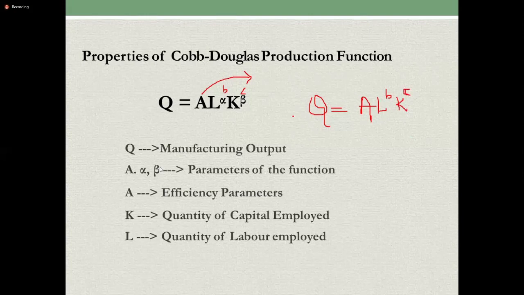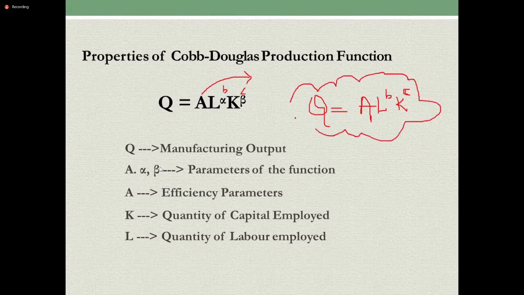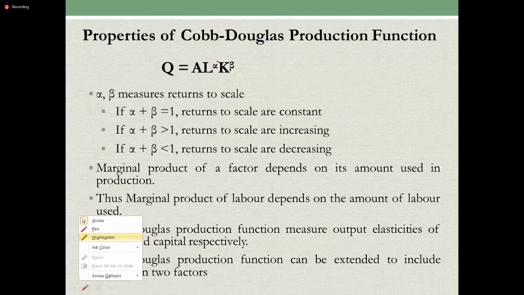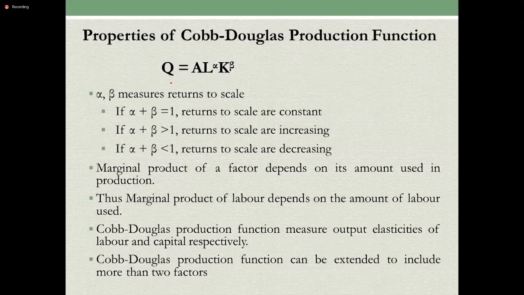So after identifying this Cobb-Douglas production function, let's take the efficiency level of these two and identify the returns to scale concept by that.